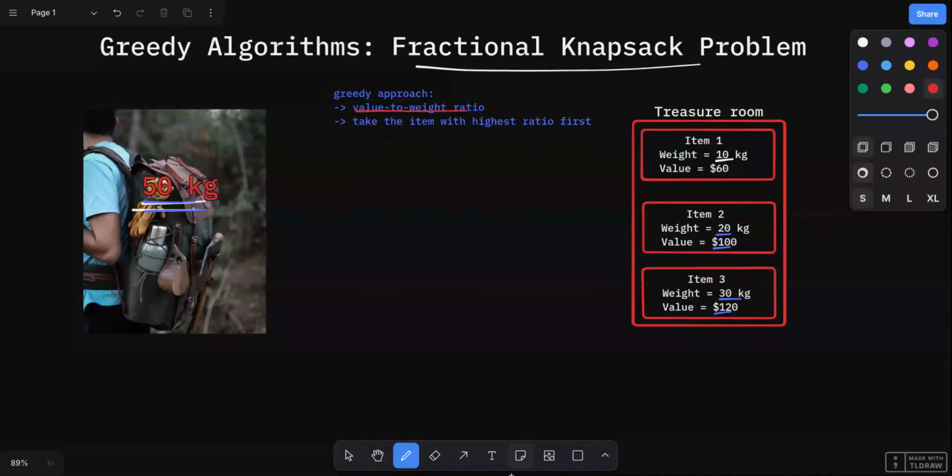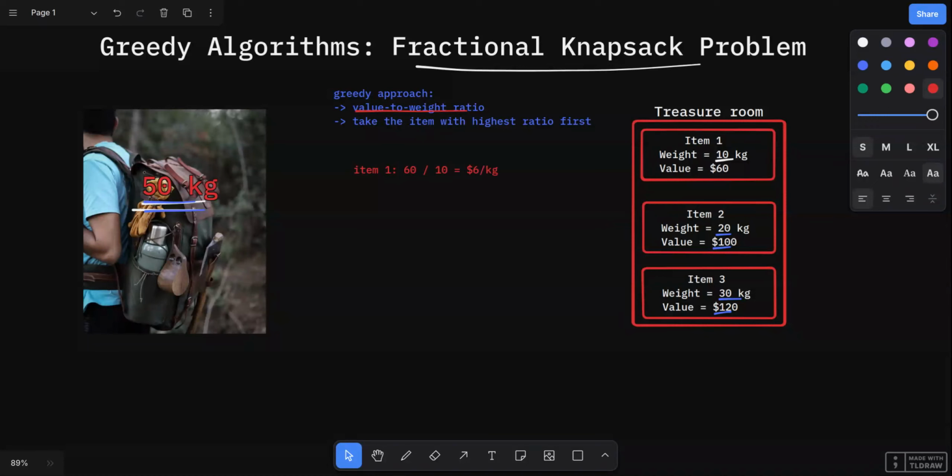To calculate the value to weight ratio for item one, we take the amount, in this case $60, and divide by 10 kgs, which is the total weight, and we're going to have $6 per kg.